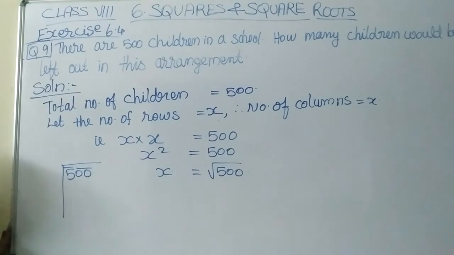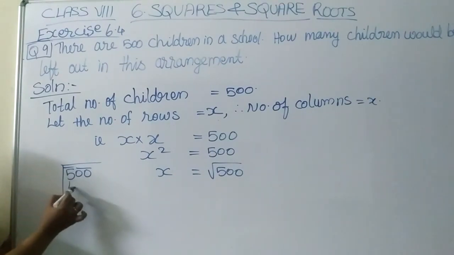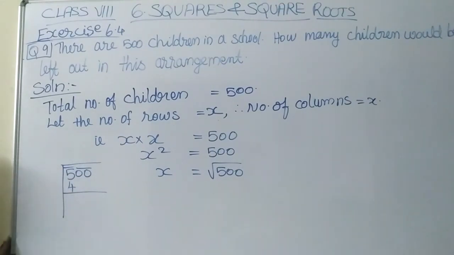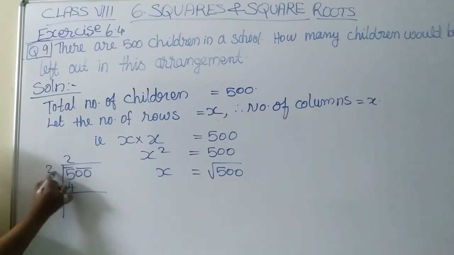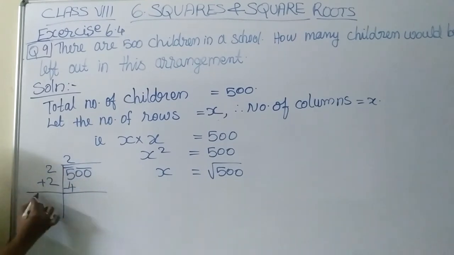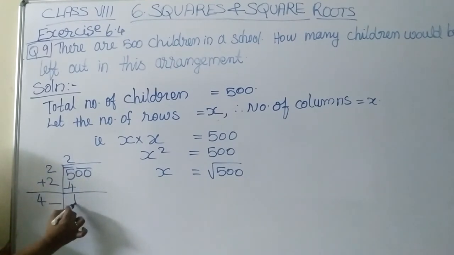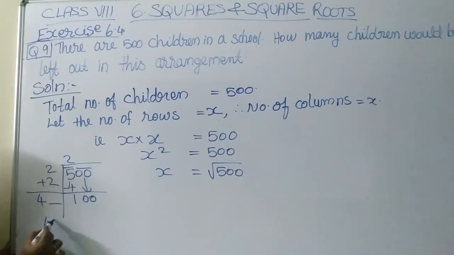First of all, we make the groups. Take the first group, which is not a square number. The perfect square number less than 5 is 4, and its square root we will write 3 times. Add the divisor, we get 4. Here it is 1. Write the next group down. If we are writing 42, we have to multiply it by 2.